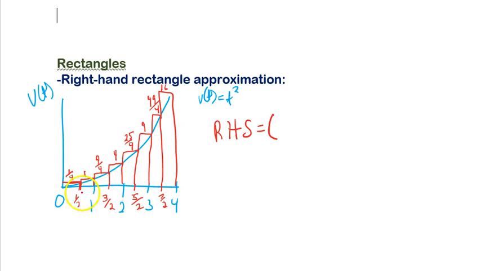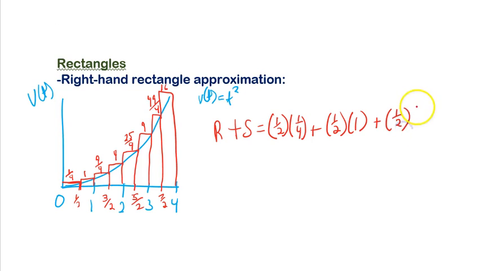So I would do my base. Now my base is 1/2 because each one of those will be 1/2 wide, times the height, which will be the y value in each case. So the first one would be 1/2 times 1/4. The second one would be 1/2 times 1. The third one would be 1/2 times 9/4.